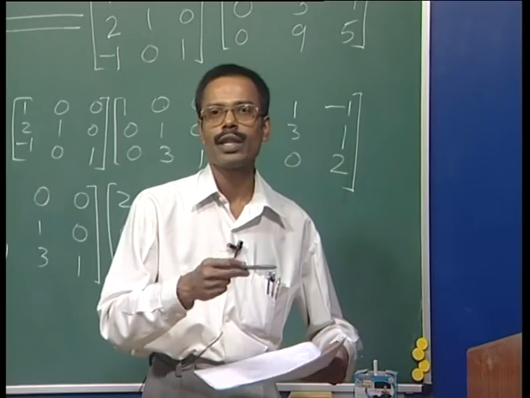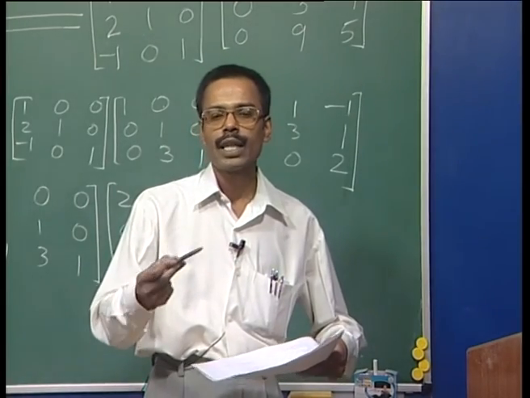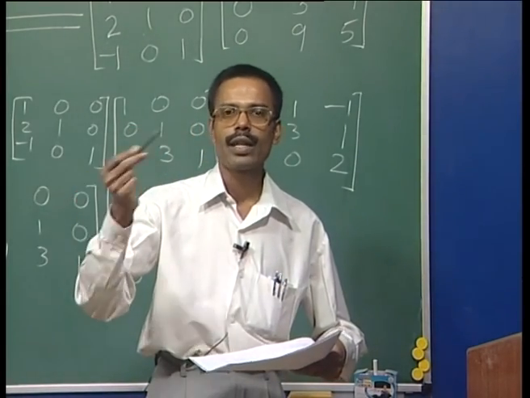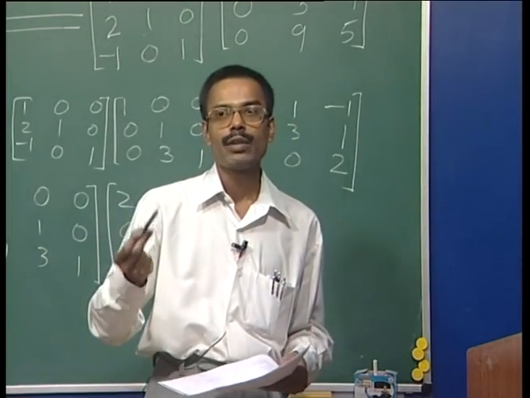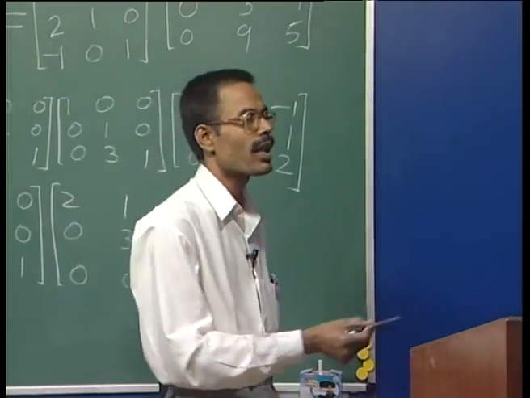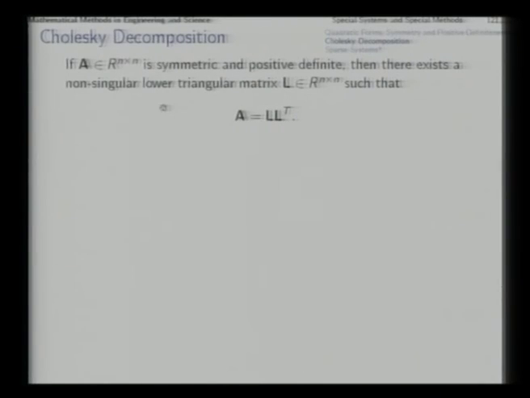We want an LU decomposition in which the U factor and L factor are transposes of each other, and that you can talk of when the matrix A is symmetric, because LL transpose will always give a symmetric matrix. So, if A is symmetric, you can ask for an LU decomposition in which L is lower triangular and the upper triangular factor U is its exact transpose.